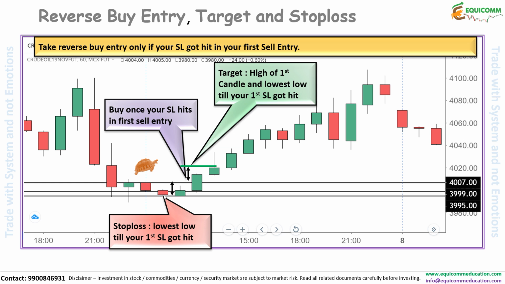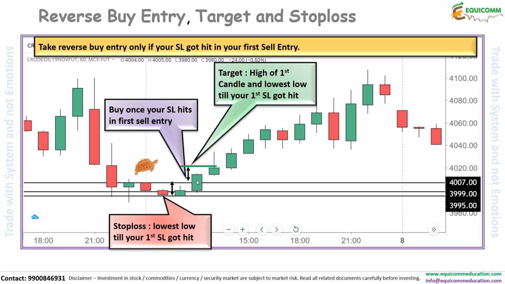Your lowest low is this line. What is the rate? 3995 is your lowest low. One rupee below that, 3994, would be your stop loss for this buy entry. Please listen carefully. 3994 would be your stop loss for this particular buy entry.